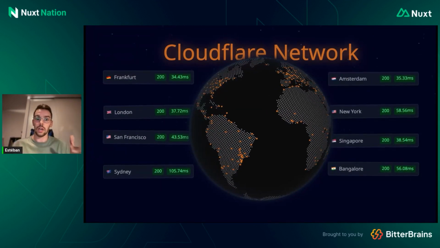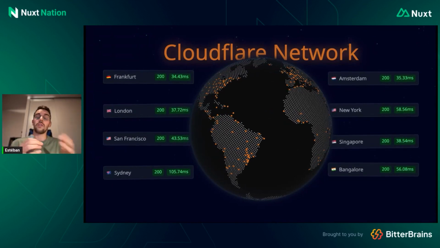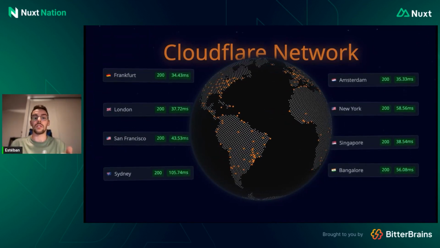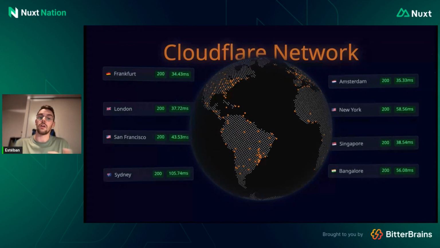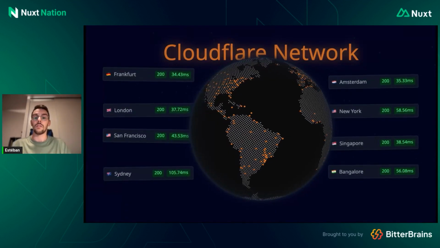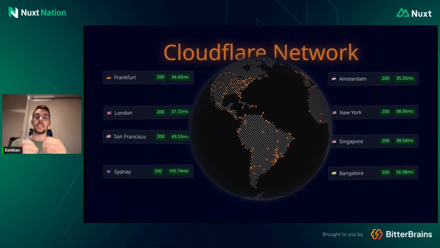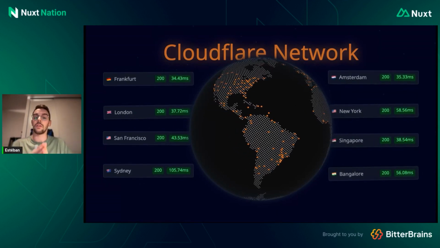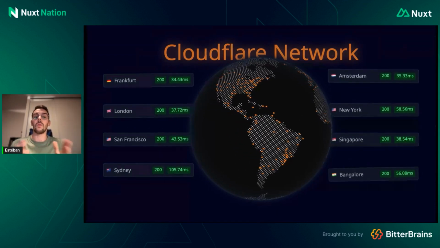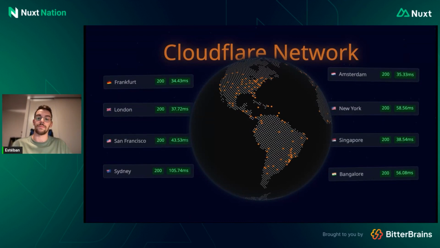This is incredible. And unlike traditional providers with regions like EU West 3 or US East 1, Cloudflare has a single region: Earth. This means that your code is deployed near everyone in the world without you having to manage it.